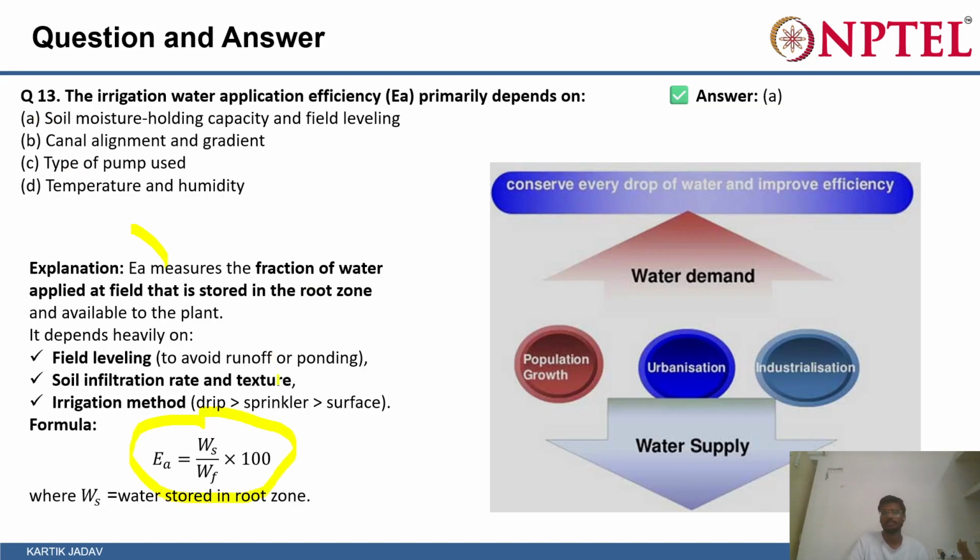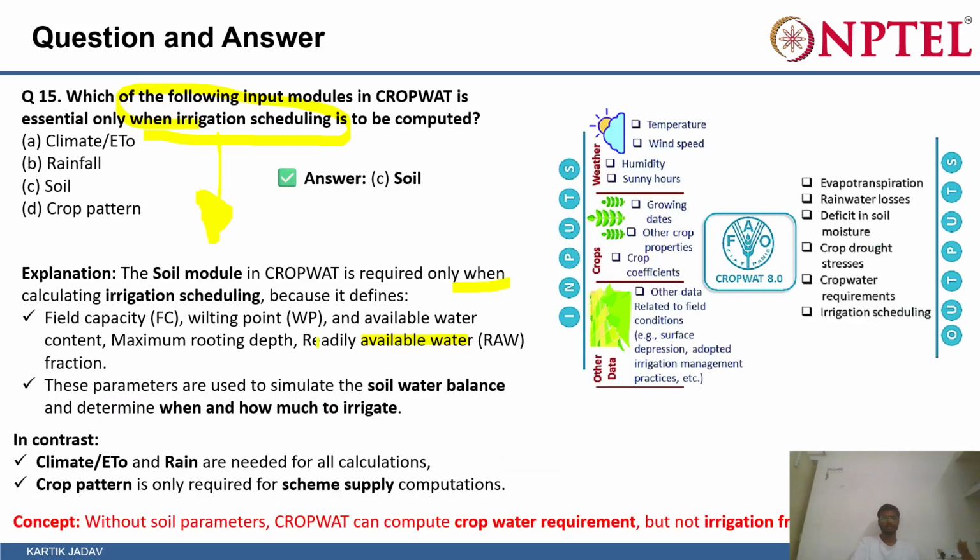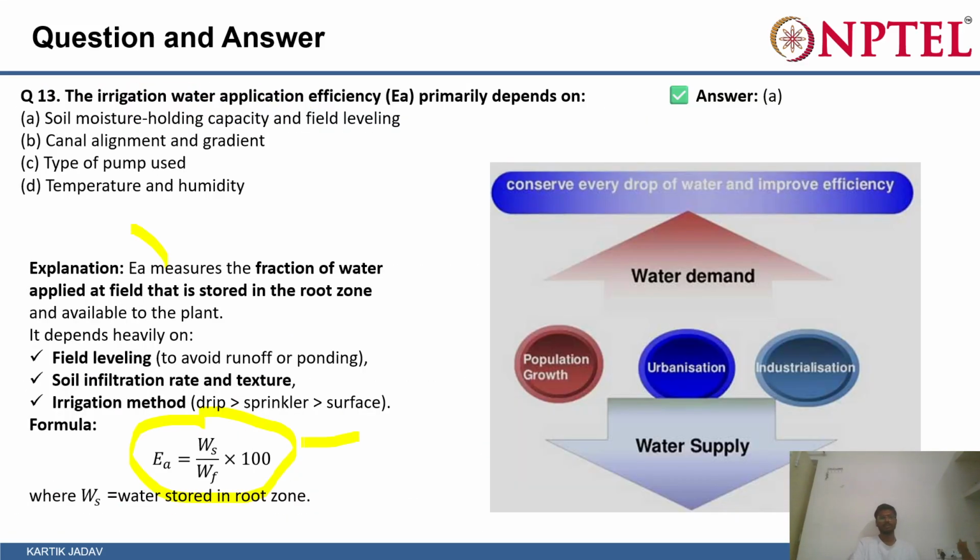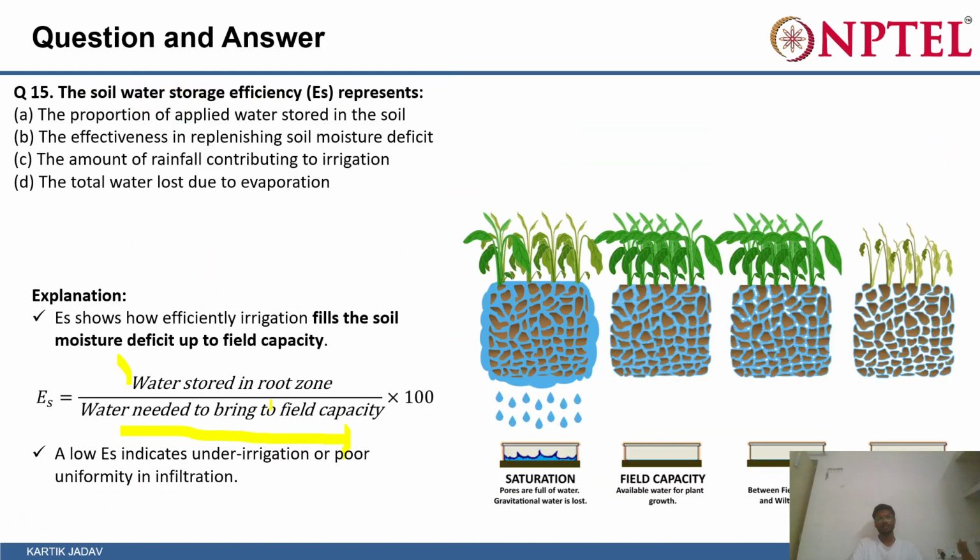Sorry, I have to define this properly. There are always losses from runoff, evaporation, and deep percolation. Considering all this, you have application efficiency, but in the case of storage efficiency, you have a ratio of water stored in the root zone divided by water that is needed to bring it to the field capacity.